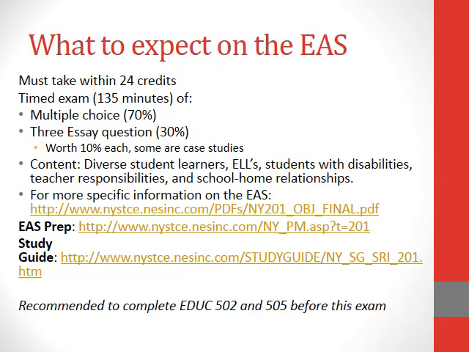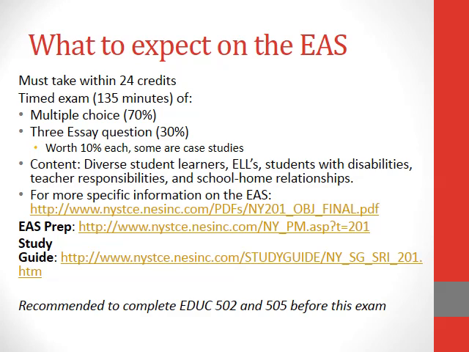The Educating All Students exam must be taken within 24 credits. Normally, you have more of your pedagogical methods courses before you take this exam. It's 135 minutes and 70% of it is multiple choice, as well as 3 essay questions worth 30%.